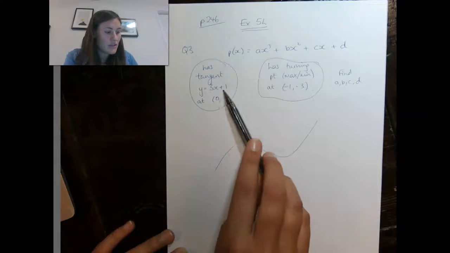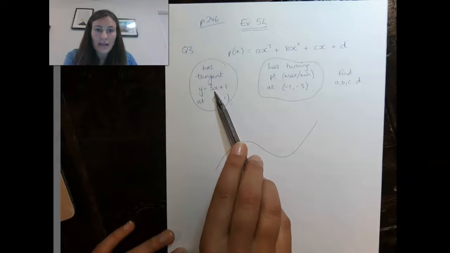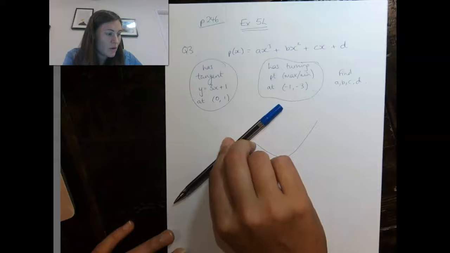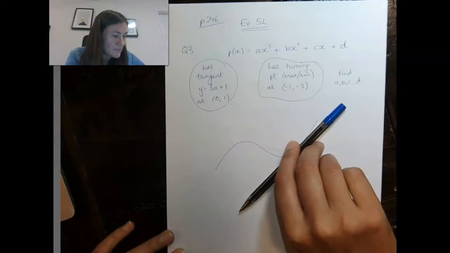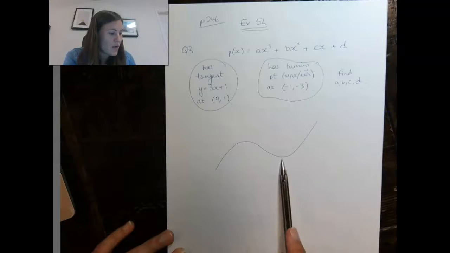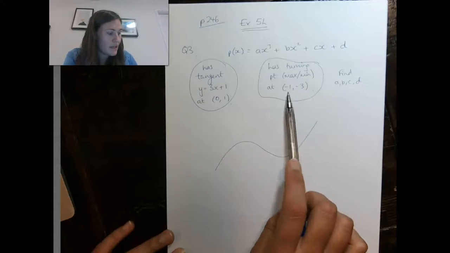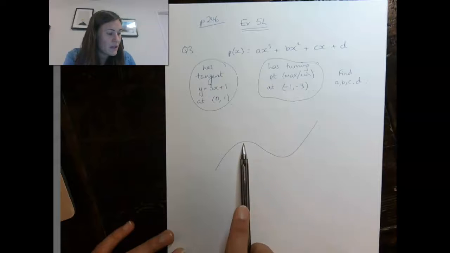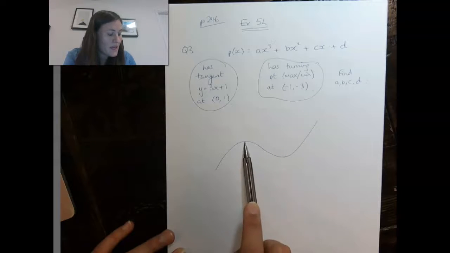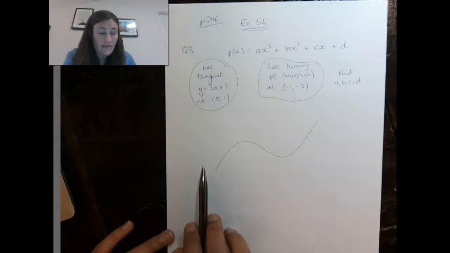It's going to have a tangent, 3x plus 1. So 3x means it's a positive gradient. So if I'm going to sketch this tangent in, I want it to be here, or I want it to be here. The other thing is I've got a turning point when x is -1. Either way, x equals 0 is not going to be before it.